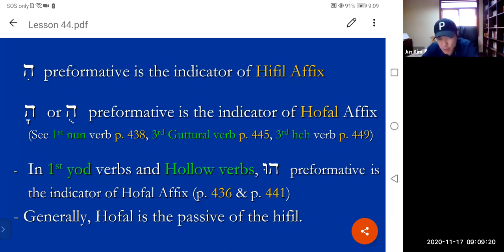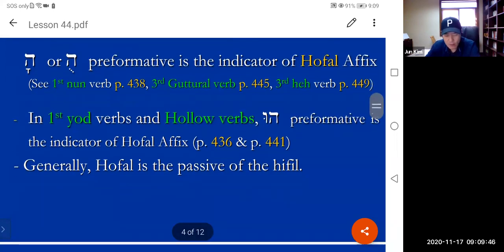Because the first nun will be assimilated, and the third he will sometimes be dropped off, which means you are going to deal with only two root letters. Then how are you going to successfully recognize it as a Hophal stem? But still, the preformative ho and hu will be there.